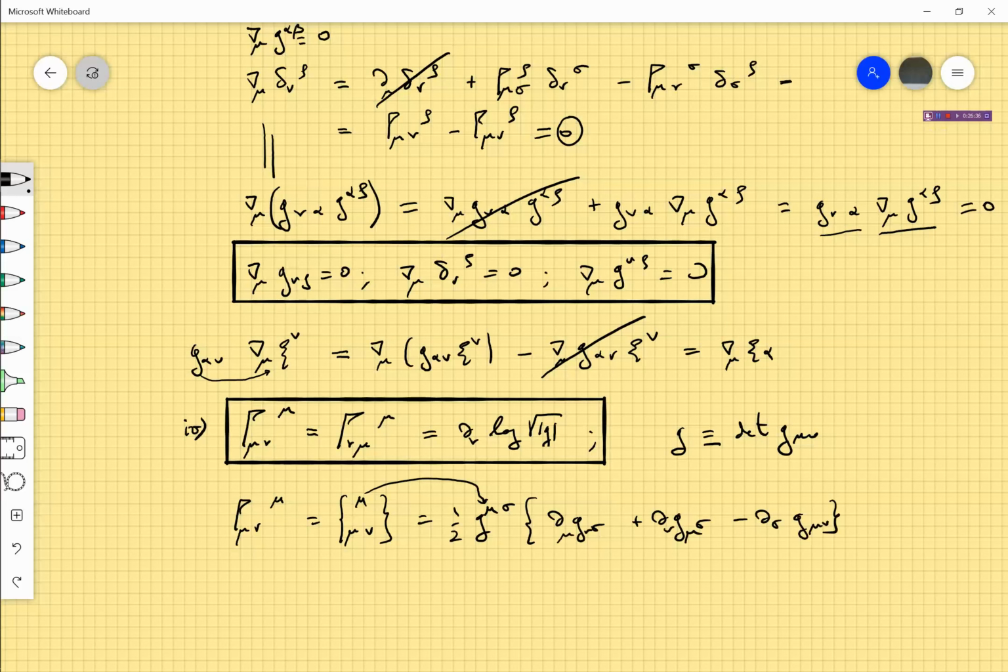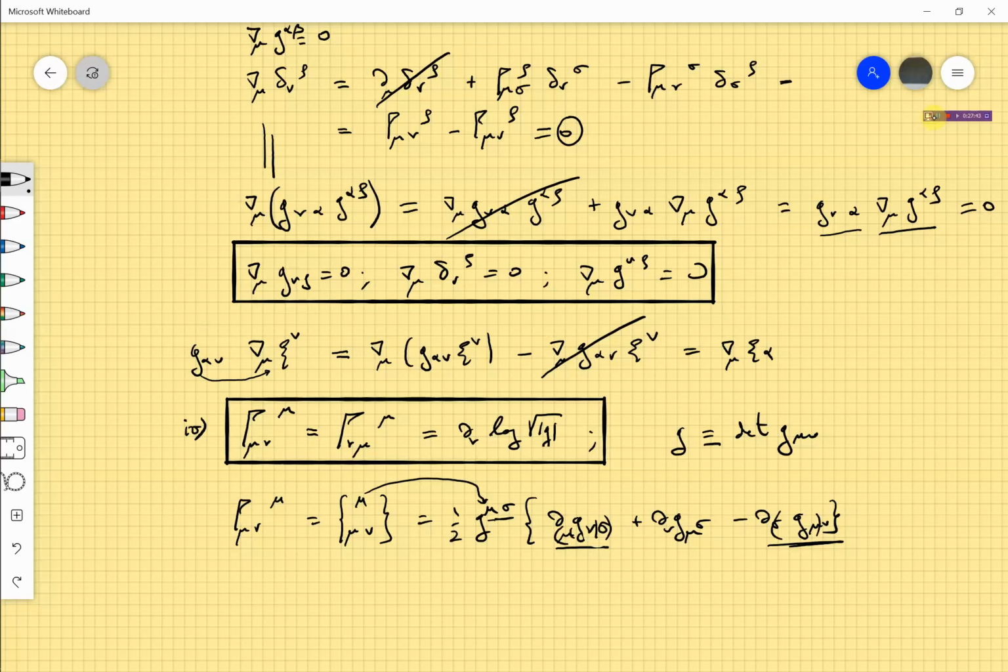So this is what you want. And now the expression inside of the brackets is contracted with mu and sigma, which is symmetric. This term has mu and sigma, and this term has sigma and mu. Let me write it in a more explicit way. This is symmetric, so you have only the symmetric part here.